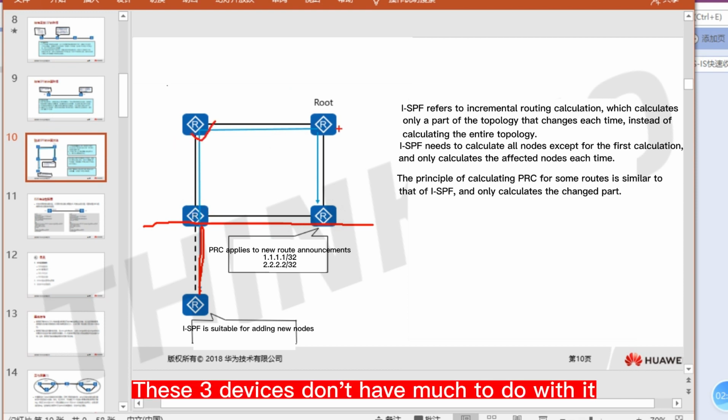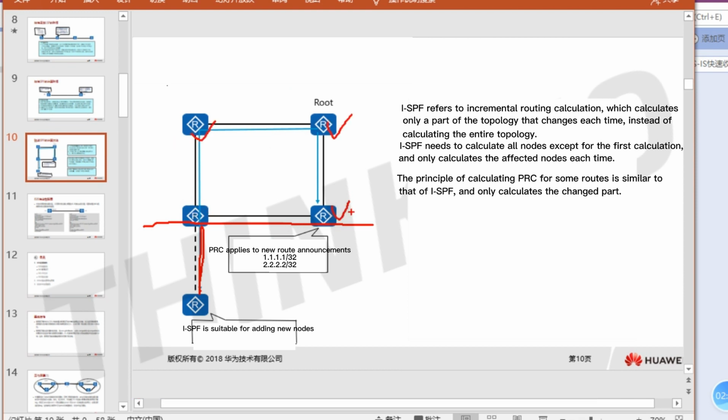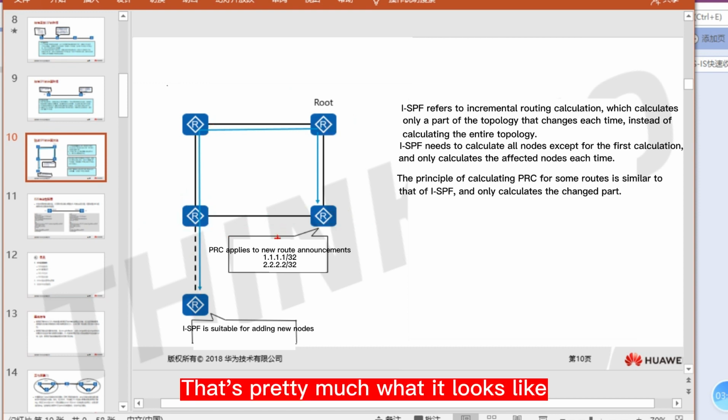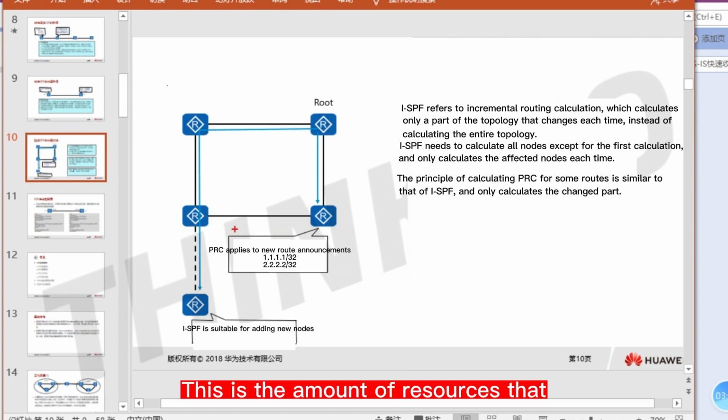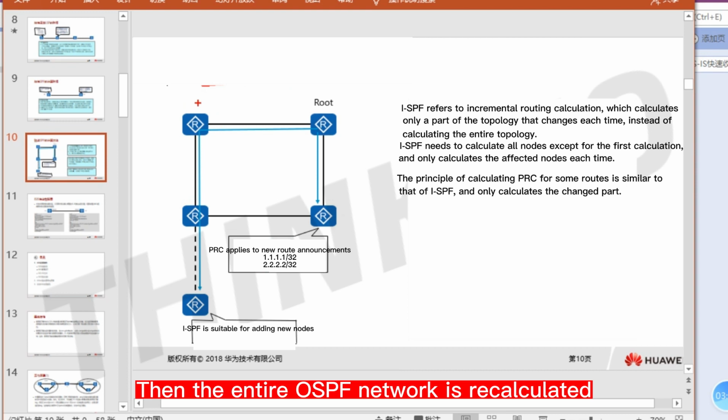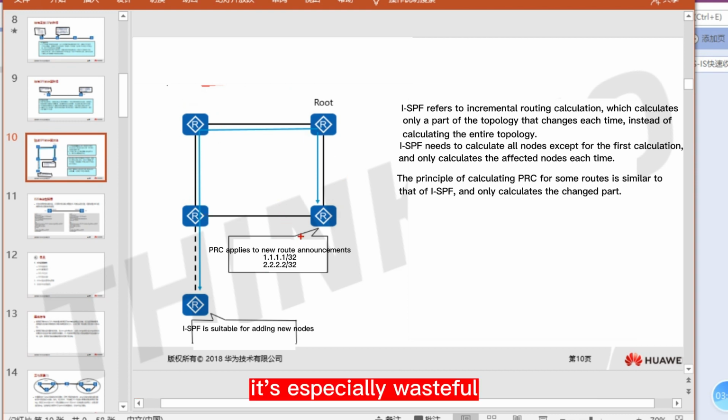The other three devices don't have much to do with it, and there's no need for them to calculate on their own. This is an amount of resources that would normally be consumed by only one device, but then the entire OSPF network is recalculated. It's especially wasteful.